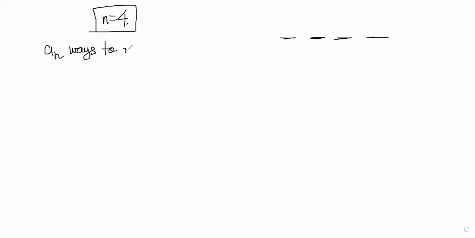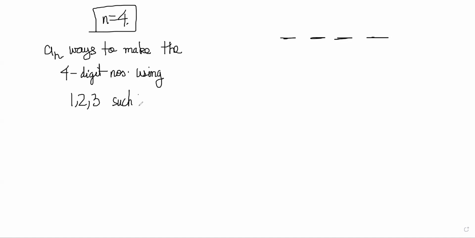So suppose n was equal to 4, right? We have 4 spots. Let's say there are total An ways to make the 4-digit numbers using 1, 2, and 3 such that there are no two adjacent ones.